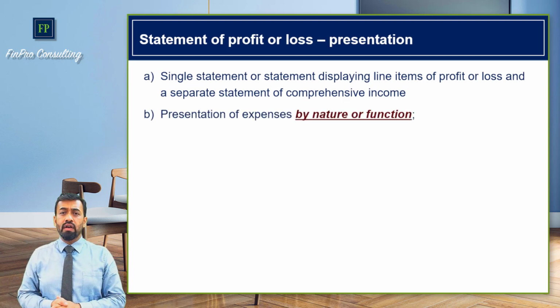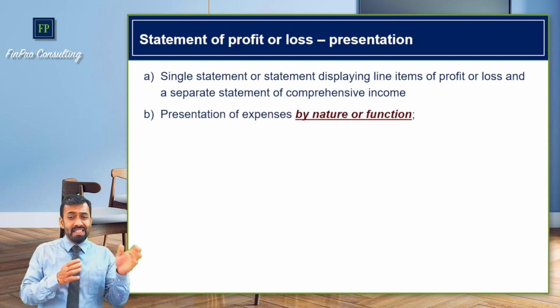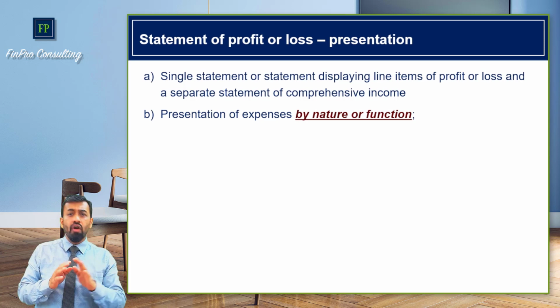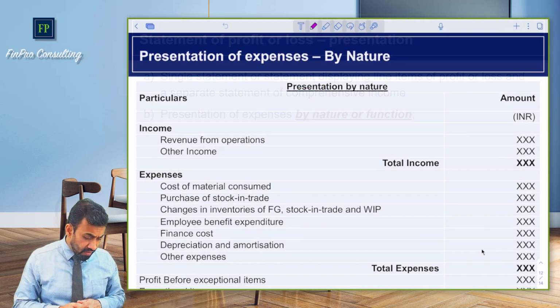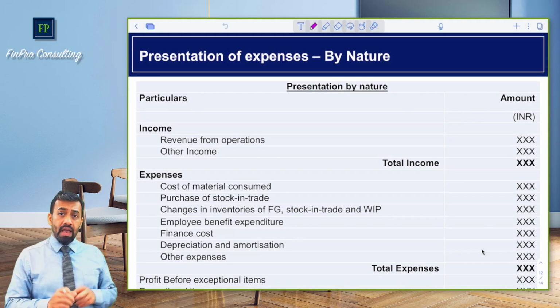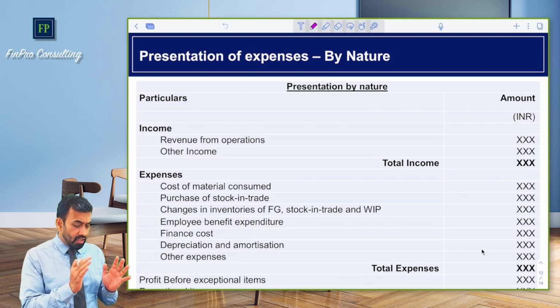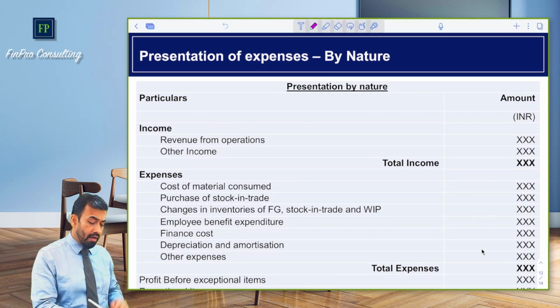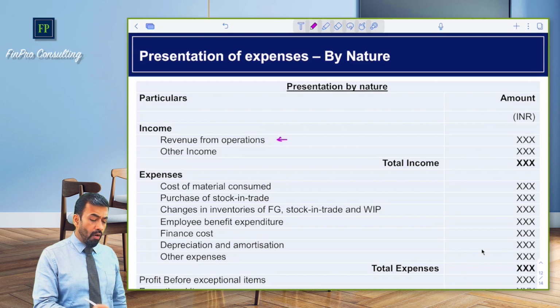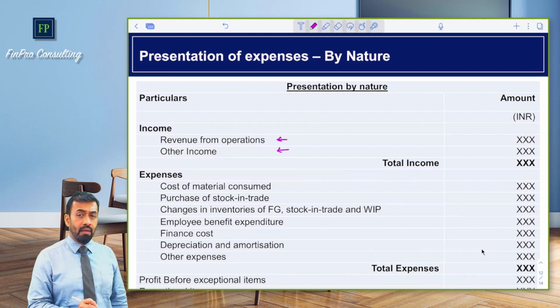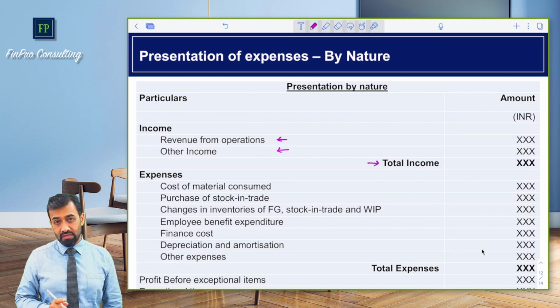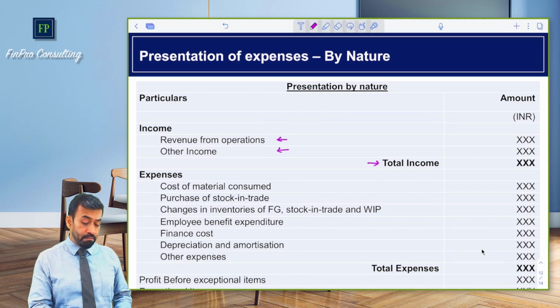The second point here is presentation of expenses by nature or by function. The first is by nature. Any point of time if you see this kind of presentation where you have revenue from operations, other income, and then total income, this is by nature. This is presentation of expenditure.